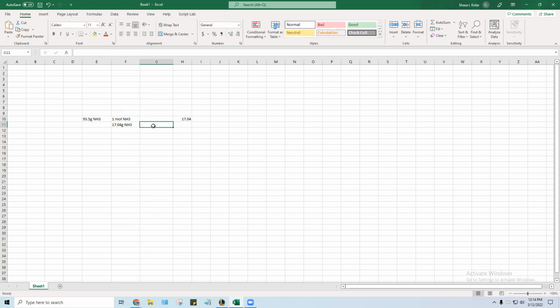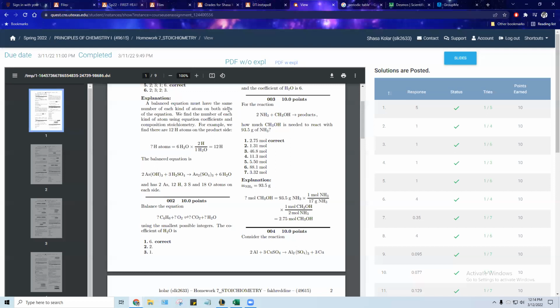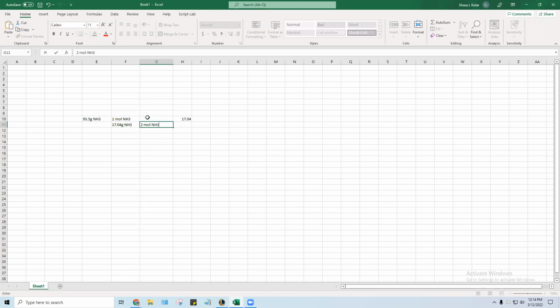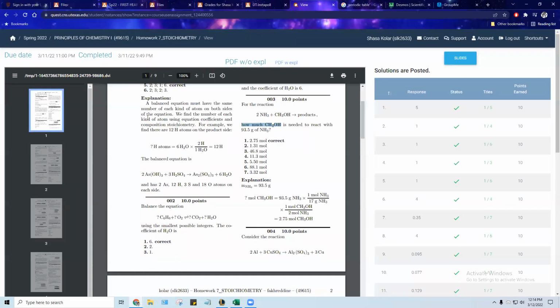And then for every 2 moles of NH3, and let's make sure we're doing the right equation again. We need to find out the number of moles of this. So the molar ratio is 2 to 1, CH3OH.